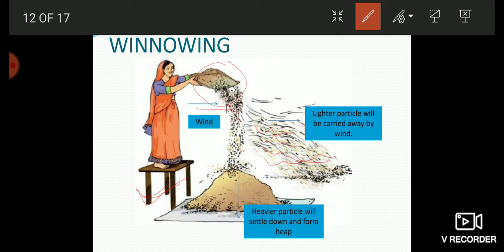And the heavier particles, that means the grain, will settle down and form a heap. These are the grain or heavier particles. They settle down and form a heap-like structure. This method of separating grains from the husk is called winnowing. So this is about winnowing.